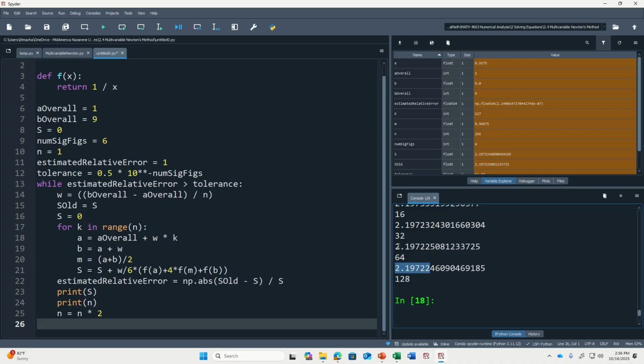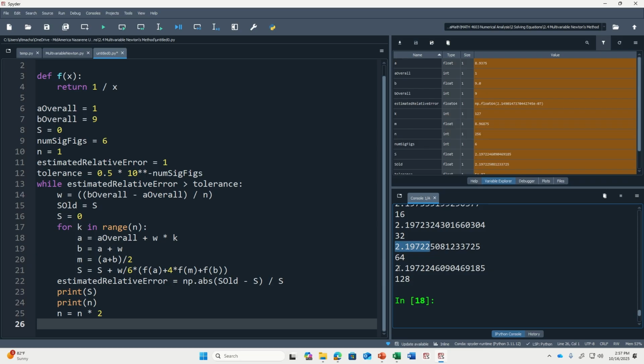If I only used 64 subintervals like this one, notice that it appears like the first 6 significant figures are correct, 2.19722, but if you looked at the next digit over and you rounded, then that 5 would actually round up to 2.19723, which would be wrong.